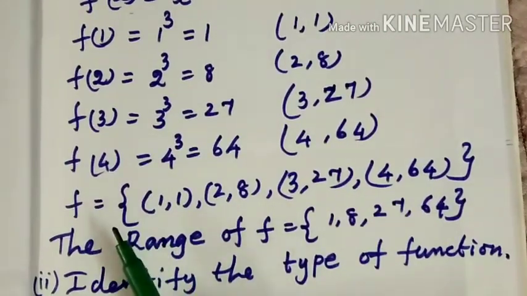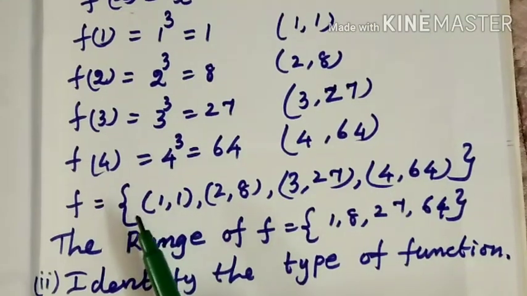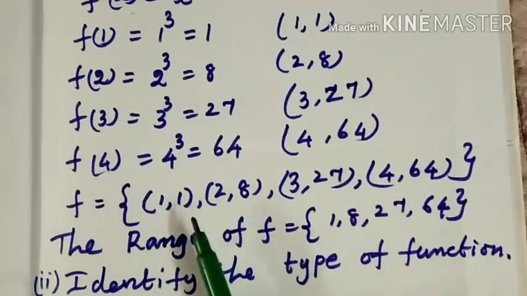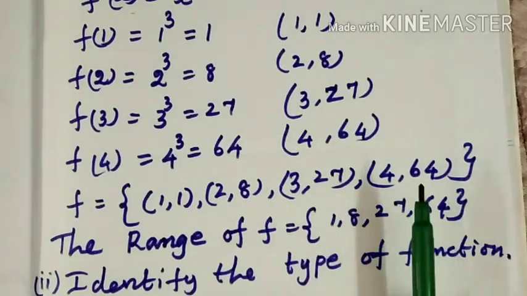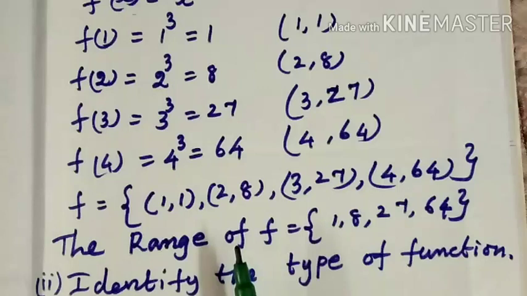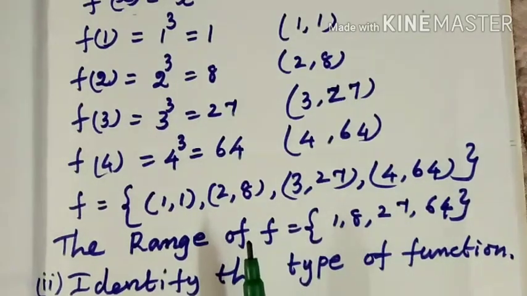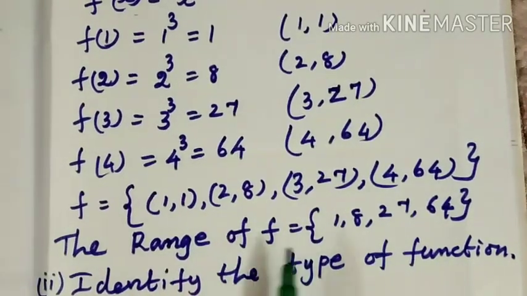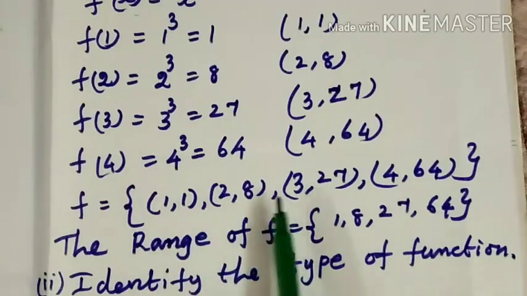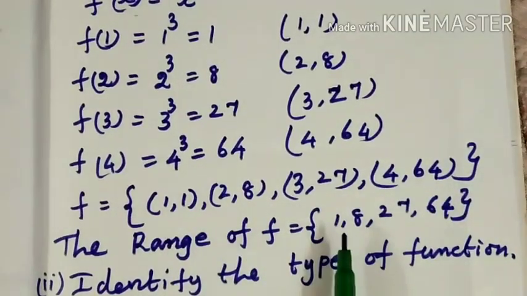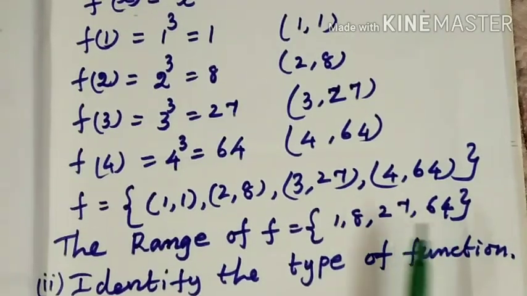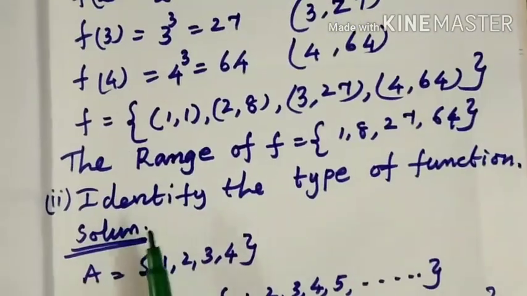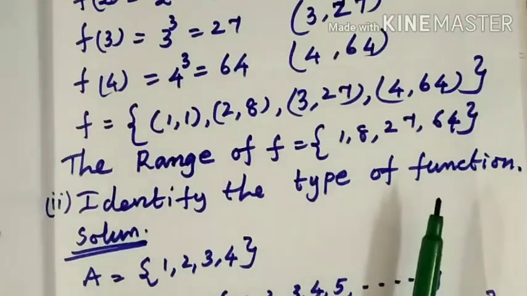Then we get the function as ordered pairs, that is f equal to {(1, 1), (2, 8), (3, 27), (4, 64)}. But in the question they ask the range of f. The range of f equal to, the second elements alone, take down and write, that is {1, 8, 27, 64}. Then second subdivision, identify the type of function.